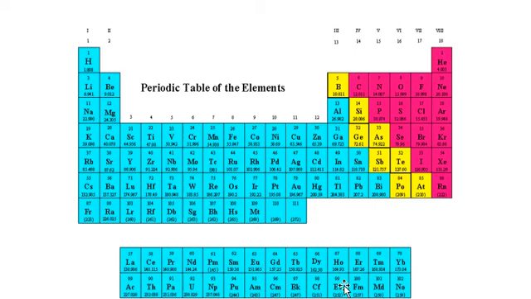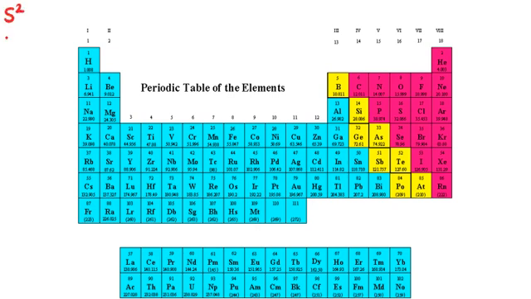Right now, I'm going to ask you to look at this slide, and I'm going to show you the relationship between the periodic table of elements as well as subshells. So I'm going to write this information here to remind you.